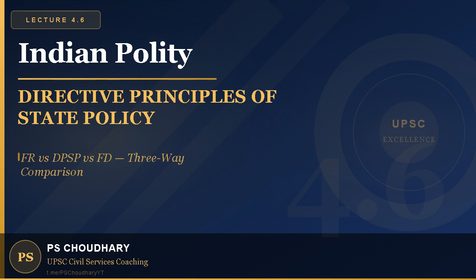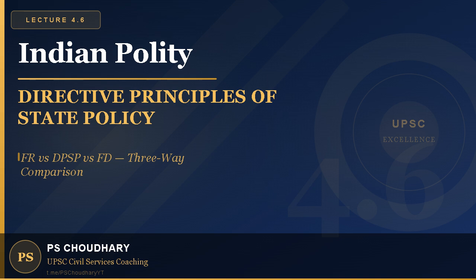Clause J says strive towards excellence in all spheres of individual and collective activity. Clause K, added in 2002, says a parent or guardian shall provide opportunities for education to their child or ward between the age of 6 and 14 years. Total, 11 duties. Originally 10. 11th added by the 86th Amendment of 2002.